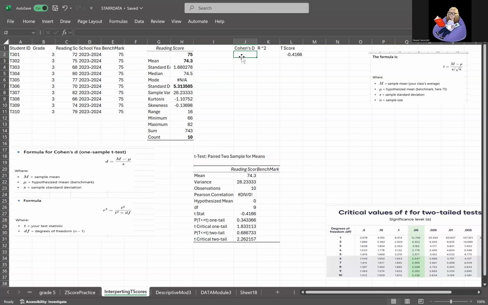It equals, parentheses, the mean minus the benchmark, close it in with parentheses, divided by our standard deviation.